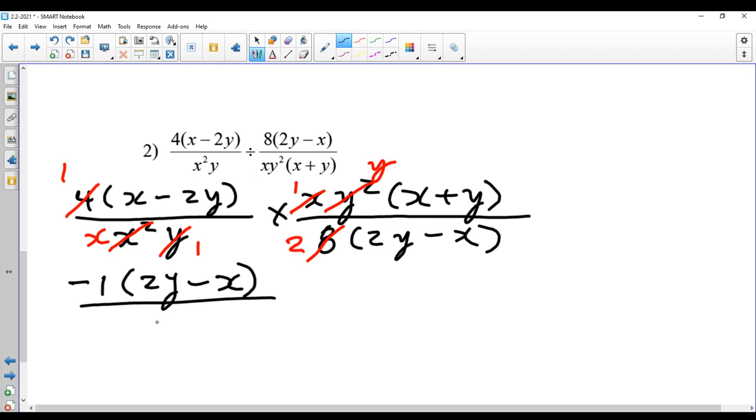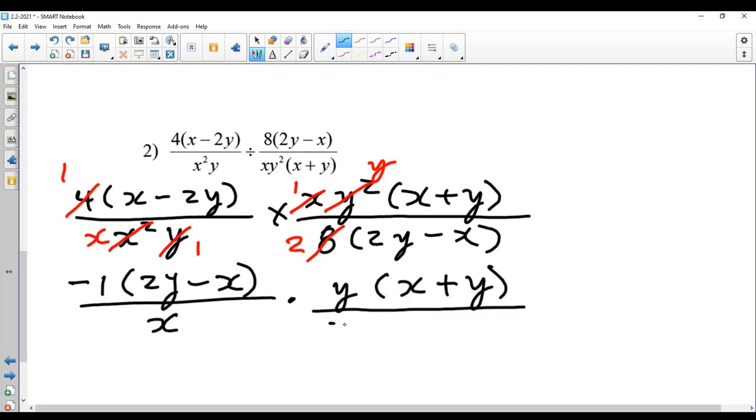On the bottom of this, I'm going to put the x times the 1, which is just simply x, multiplied by the 1 times the y, which is still y, x plus y, over the 2 times the 2y minus x. So what we've done is we've rewritten it and taken out all the stuff that we already reduced out.